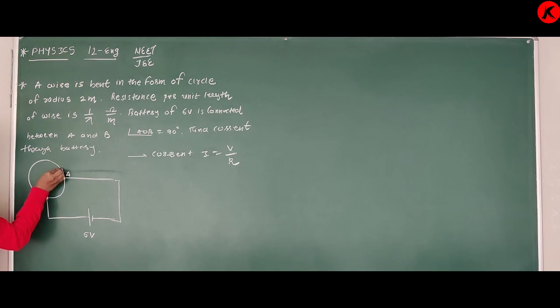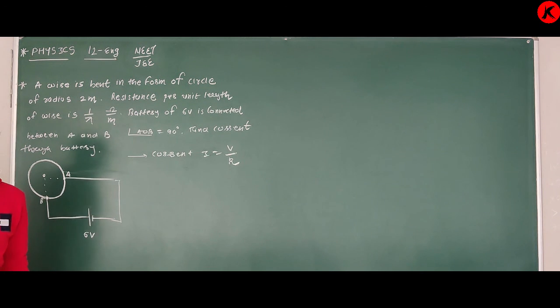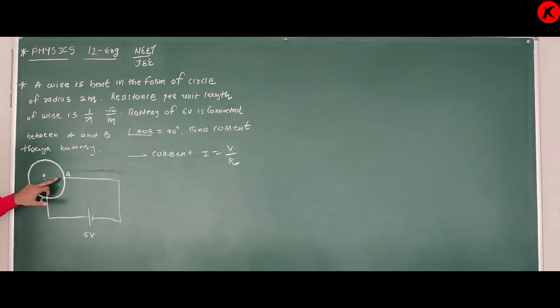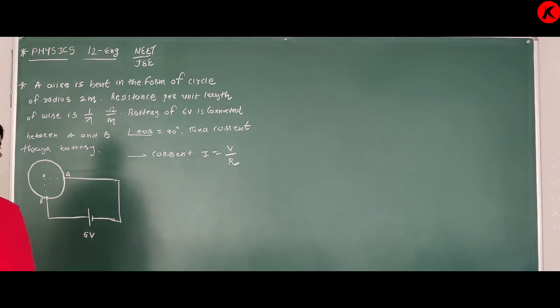First, this big part, and then this smaller one. Yes or no? Yes. Two ends of this big arc are A and B, and two ends of the small arc are A and B, which means these two parts are in parallel connection between A and B.